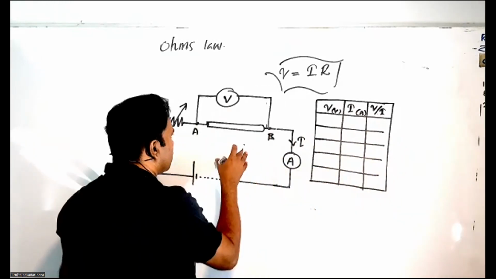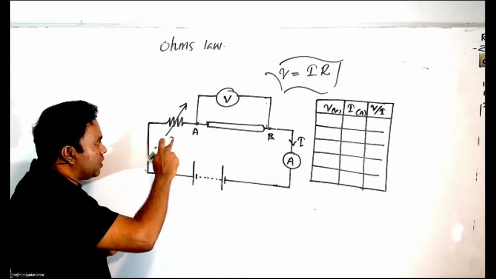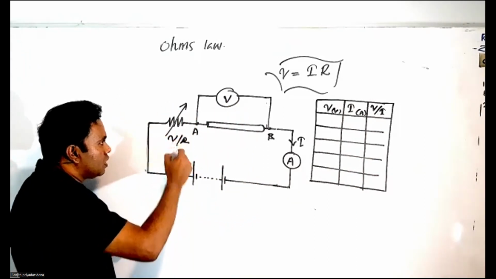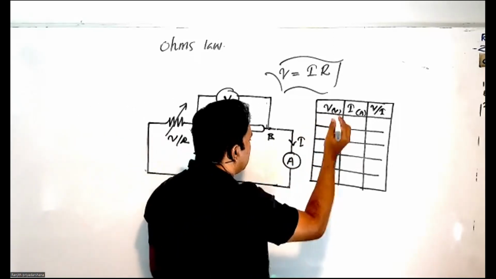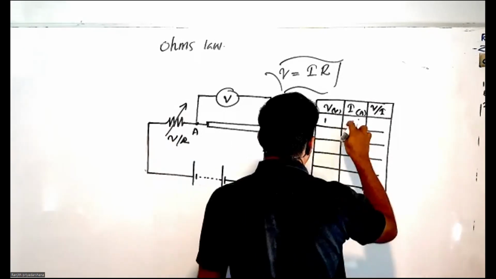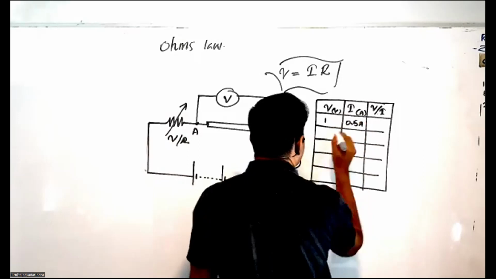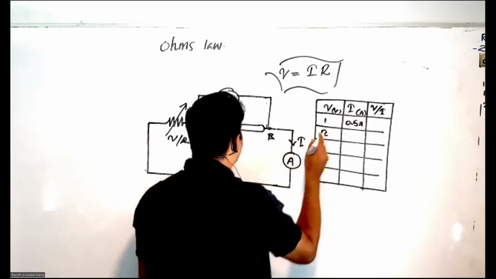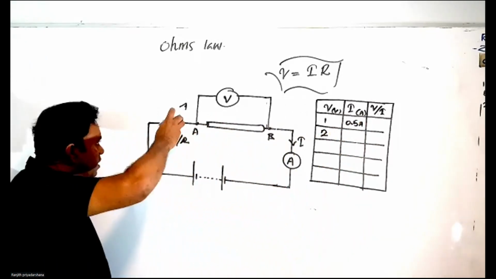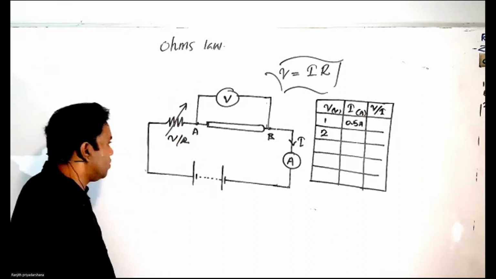For instance, if the voltage supply here, we can adjust that by using this variable resistor. Then we can see it's V equals 1 volt and electric current I equals 0.5 amperes. And when this voltage becomes 2, we can increase the electric current by reducing the resistance.